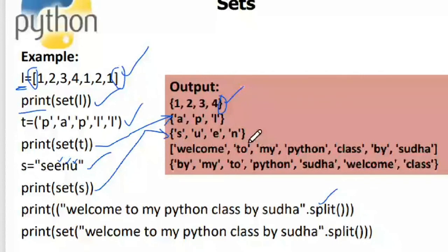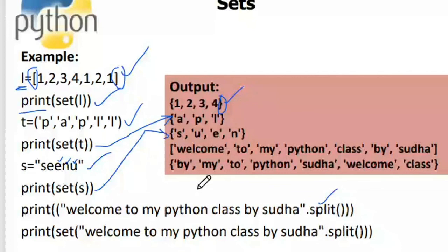So I said welcome to my Python class by Sudha. Each and everything is converted into an element inside, you can see it is giving me a list. So this particular operation will return a list for me. But I want to convert it into a set.